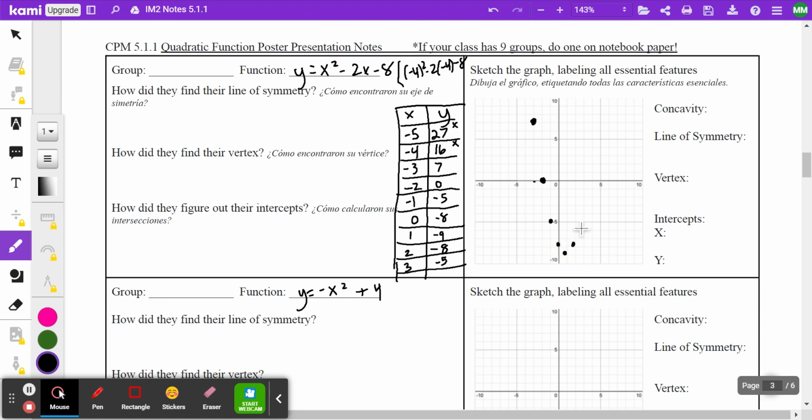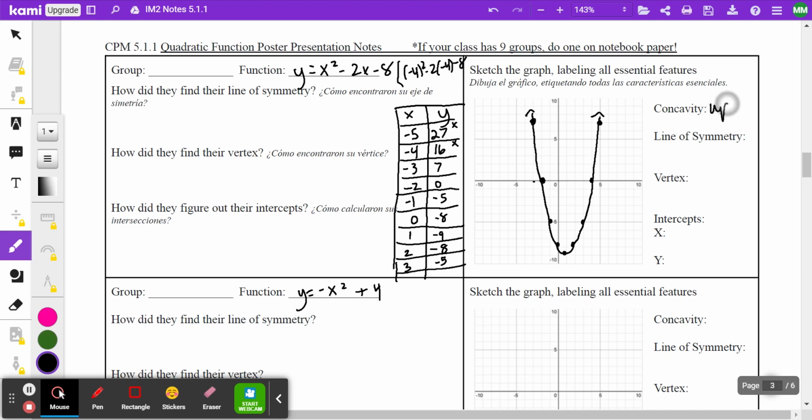And then the mirror points start happening. And I can connect these with a smooth curve. Always connect your graphs with smooth curves. I don't want to see any pointy graphs. Okay, so this is concave up.